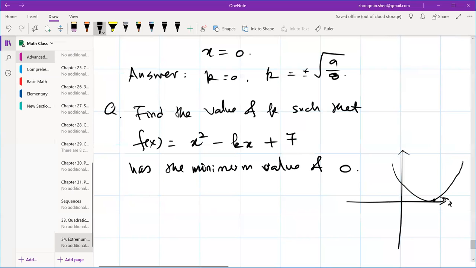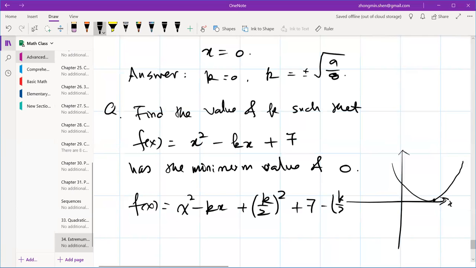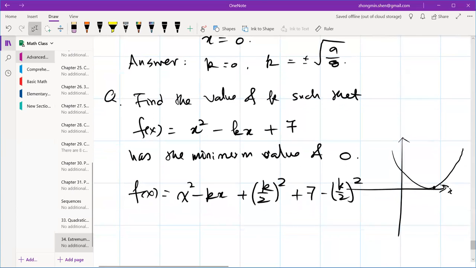Now, to solve the problem, you're just trying to find the minimum value of the function. So you write down the standard form. x squared minus kx should be plus half of k, squared. When you add a number, you have to subtract the same number in order to keep the same function.